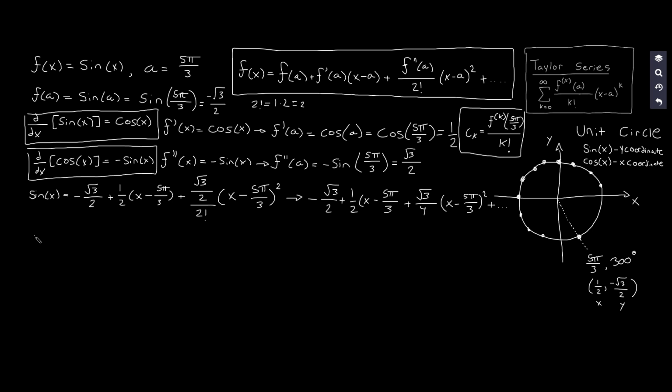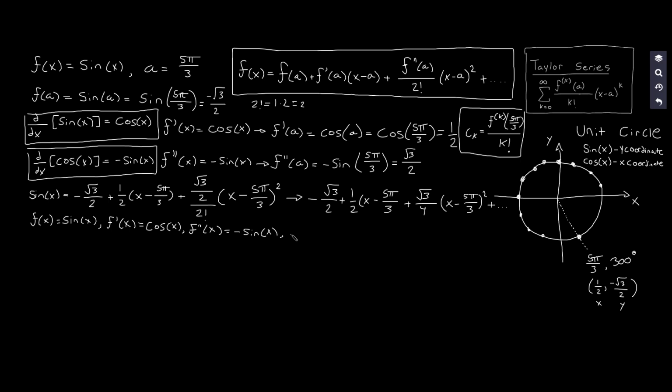At this point, let's just write out our derivatives rapid fire for f of x. We'll just rewrite it, why not? So f of x equals sine of x. Now, f prime of x equals cosine of x, because we're just taking the derivative of sine of x. Then we want f double prime of x. You take the derivative of cosine, that's going to be negative sine of x.